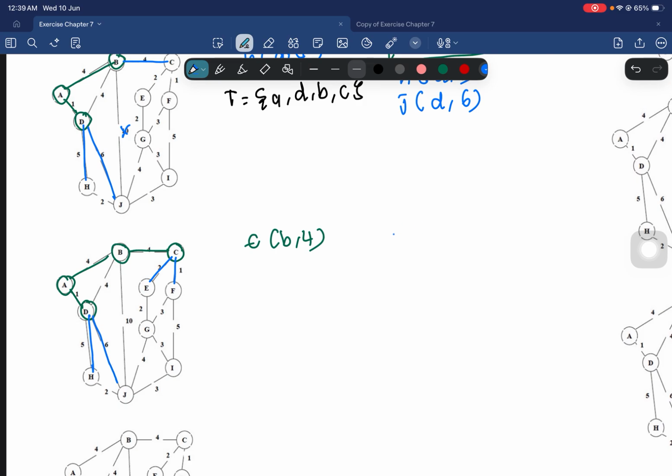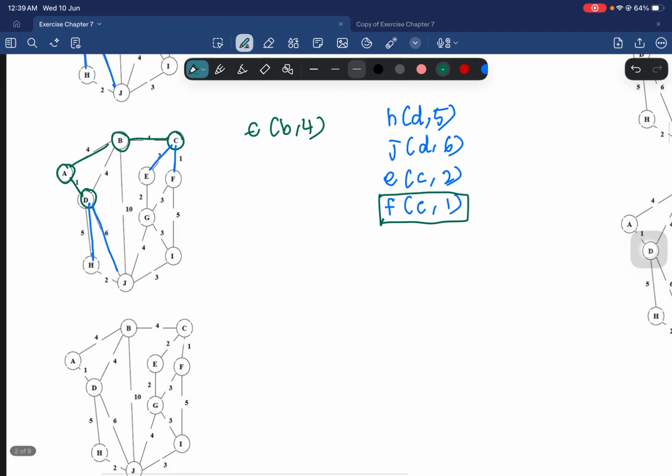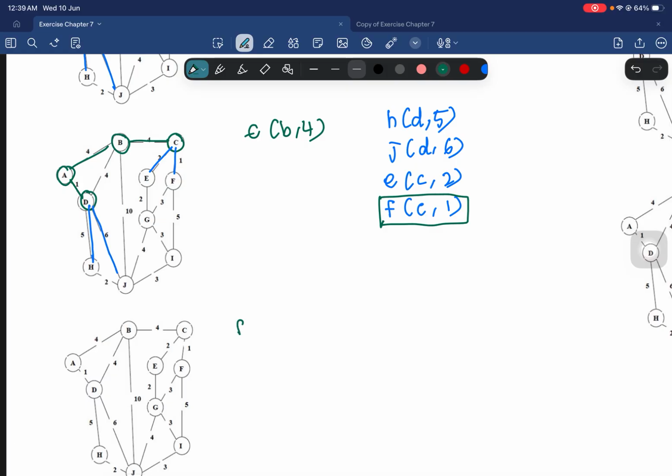So we have H connected to D by 5, J connected to D by 6, E connected to C by 2, and F connected to C by 1. Which one is the cheapest? The cheapest is this. So we have F, C, 1, right? So we already get this. So we take F.